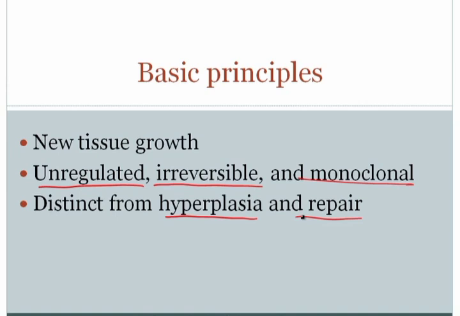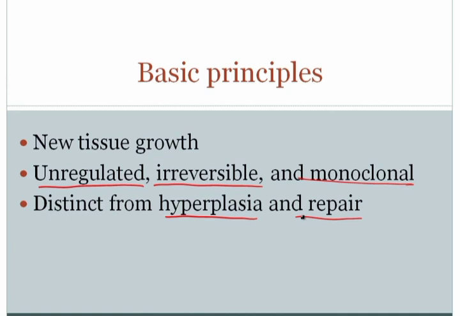Just as an example, hyperplasia, as you'll recall, occurred when there might be an increase in stress on an organ. For example, a woman becomes pregnant. The uterus, the smooth muscle of the uterine wall actually undergoes hyperplasia. However, hyperplasia is regulated. It's regulated by the physiology of the pregnancy. It's reversible. When the woman delivers, her uterus will again shrink down to normal size.